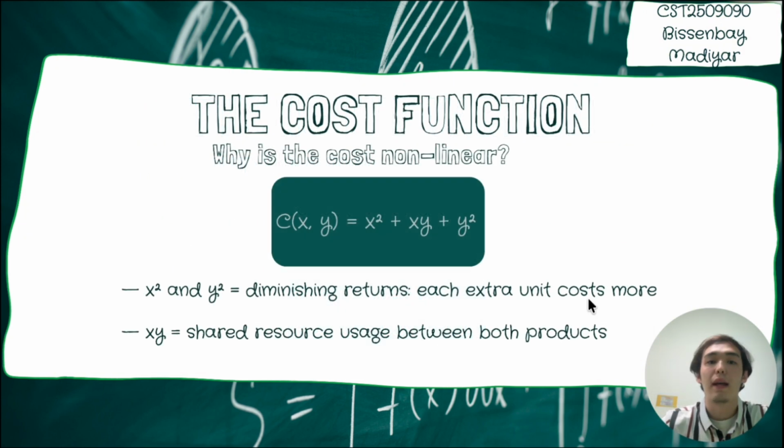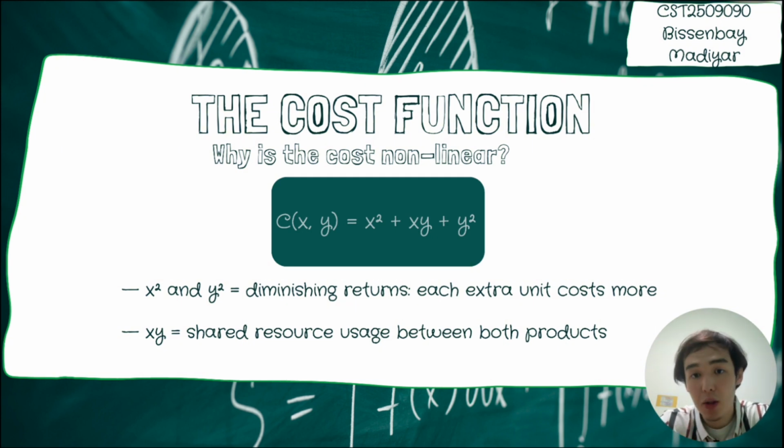Now it gets more interesting. The cost function is not linear. We model the cost as C(x, y) = x squared + xy + y squared. Why non-linear? Because in real production, the more you produce, the more expensive each additional unit becomes.